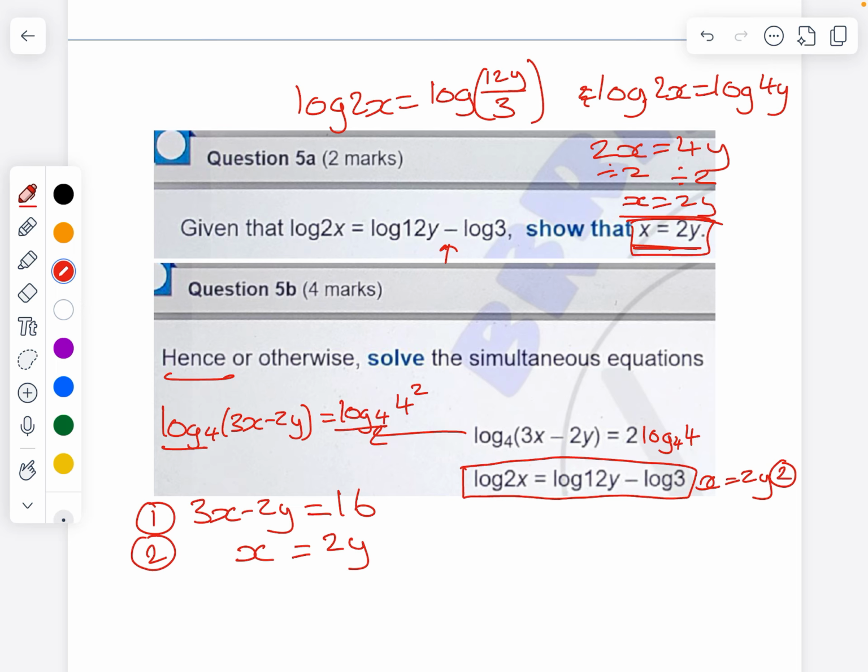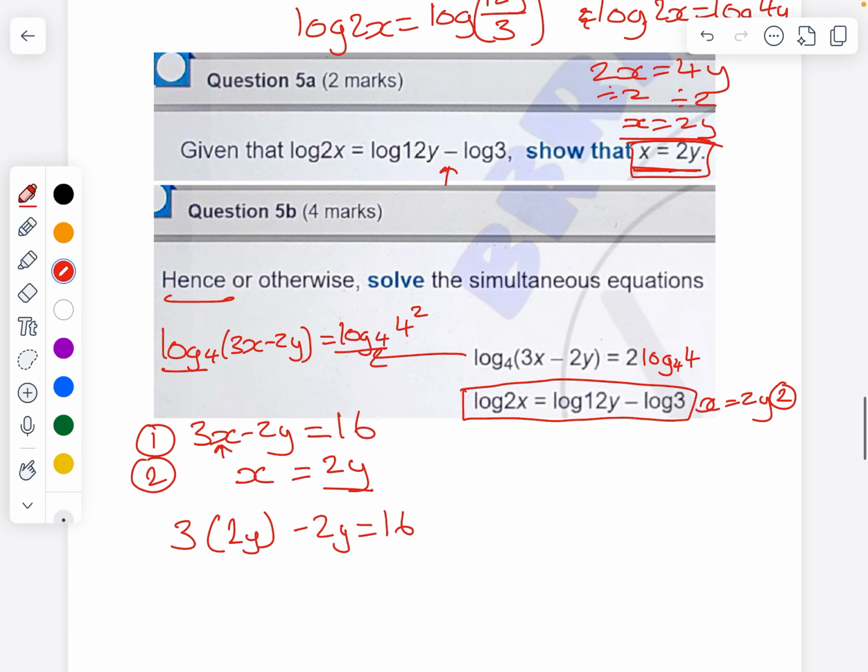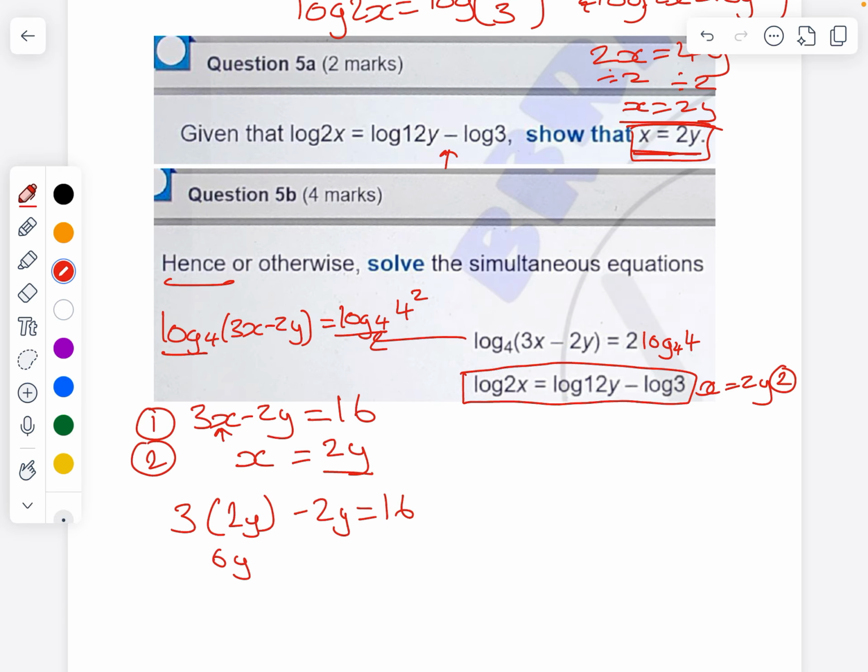And then we've already written the second equation as x equals 2y. And now I'm going to solve. You can solve any way you want. You can use elimination, you can use substitution. This is probably easy to use substitution because we know what x is. So I'm just going to replace the 3. Instead of x, I'm going to write 2y. Minus 2y is 16.